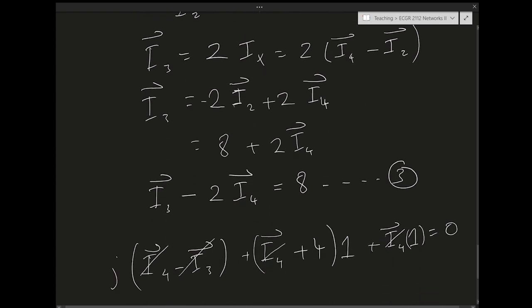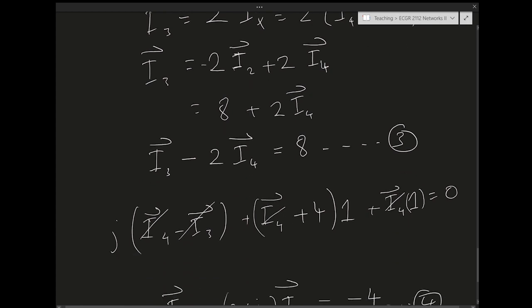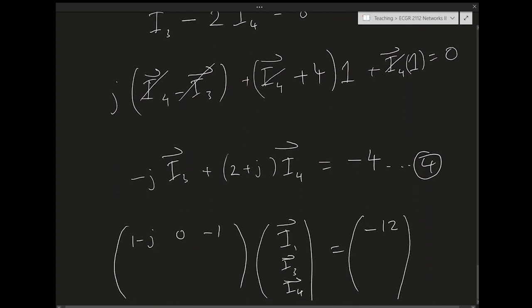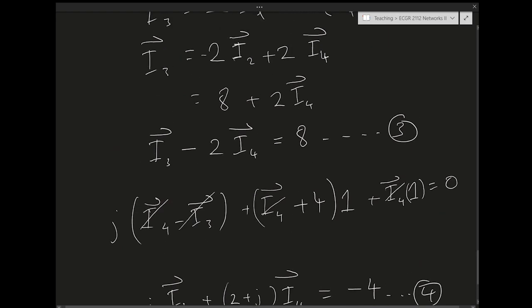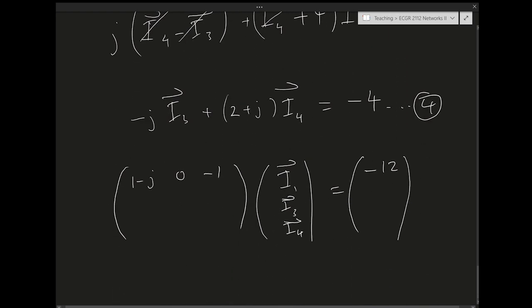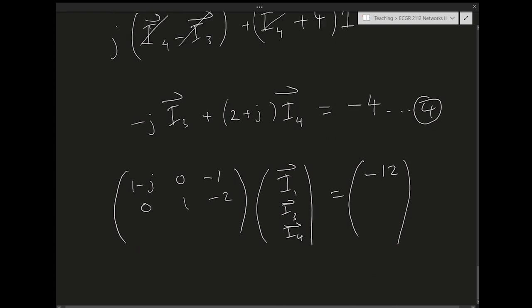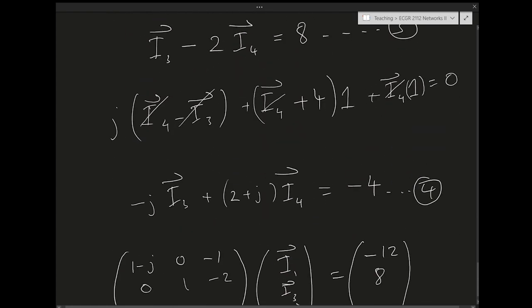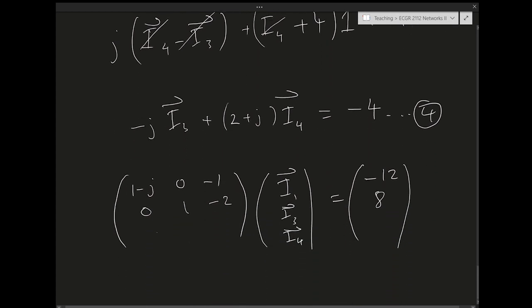And then the second equation is trivial. The third equation gives me I3 minus 2 I4, so 0, 1, minus 2, and then 8. And then the final equation gives me 0, minus j, 2 plus j equals minus 4.